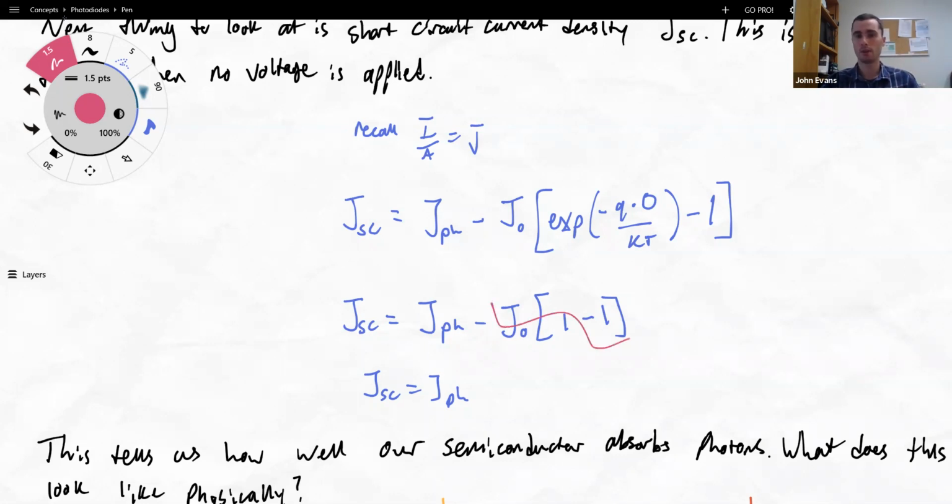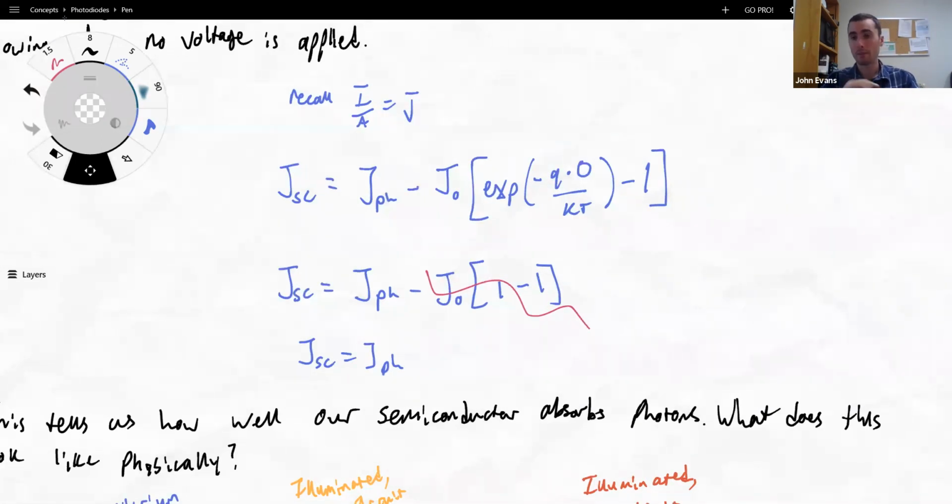And so this whole term just disappears. And the short circuit current density is just equal to our photocurrent. So when we measure our photocurrent, we're really just measuring our short circuit current density and vice versa. And what that tells us is how well our semiconductor absorbs photons. If we have a large current, that means that it's really good at absorbing photons. If we have a small current, that means it's really bad at absorbing photons.